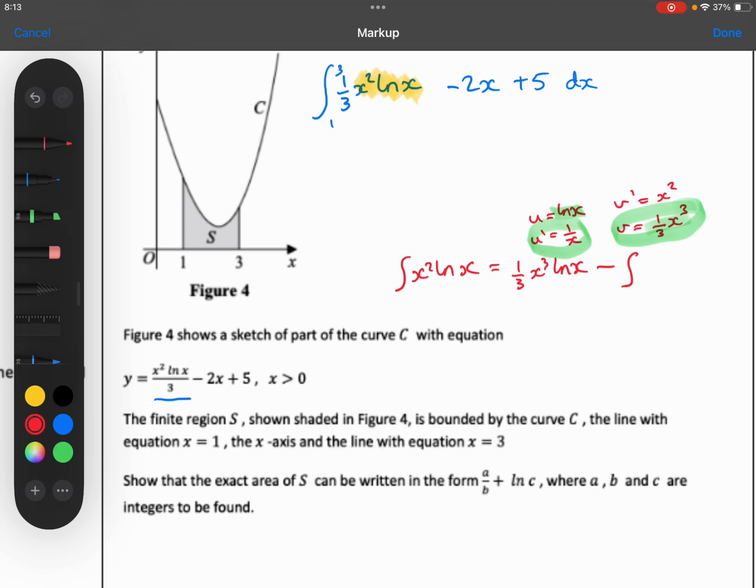So 1 over x times the 1/3 x cubed. And now I can see that the x here is going to cancel one of those powers to just leave me with 1/3 x squared.